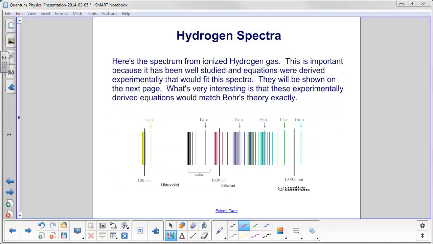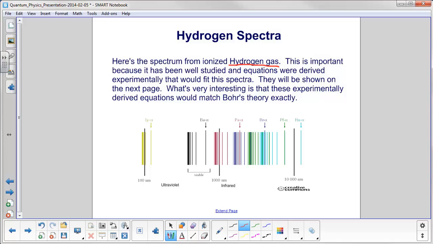Let's start a little simpler than xenon. Here's the spectrum from ionized hydrogen gas. This is very important because it's been well studied and the equations were derived experimentally that would fit this spectra. In other words, the equations didn't come from a theory, they were just mathematically fit to the observed wavelengths and intensities and colors.